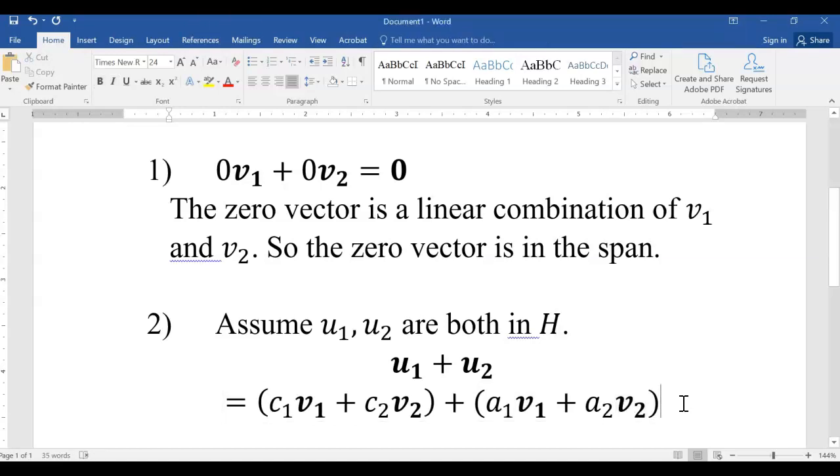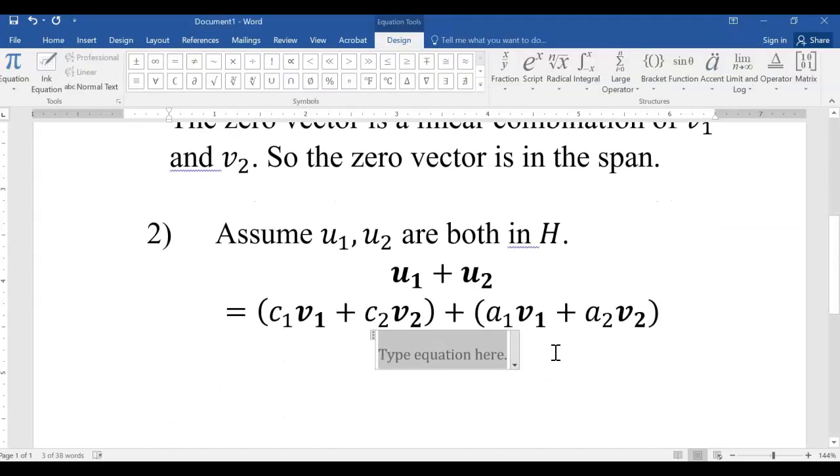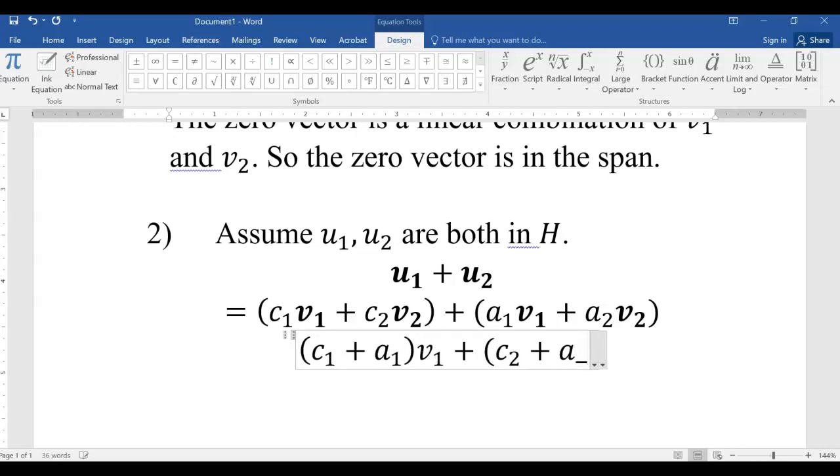And now notice what's going to happen. If you combine like terms, what we're getting is that c1 plus a1 times v1 plus c2 plus a2 multiplied by v2.